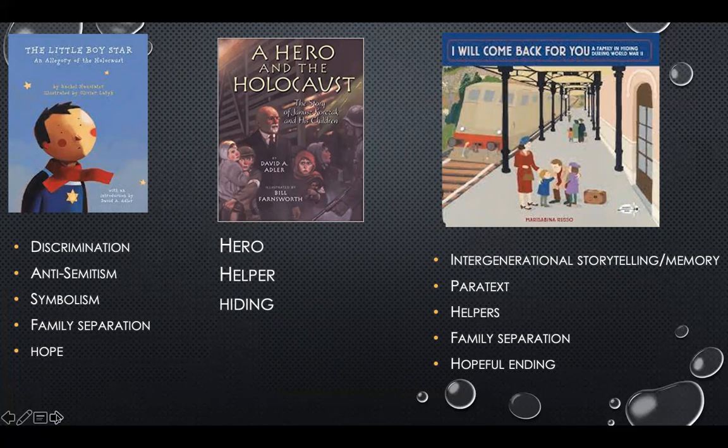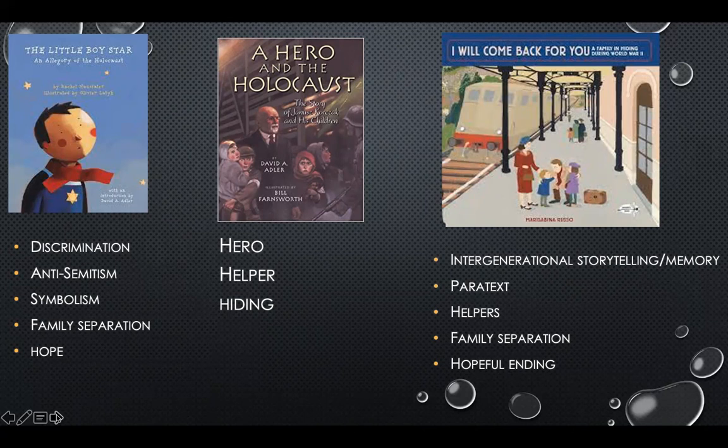And he had to join a community of people who helped him learn to shine again as a star. So it's pretty simple, but very colorful, and can address the discrimination, anti-Semitism, symbolism, family separation, but a hopeful ending of learning to heal and come back after genocide or after a war.